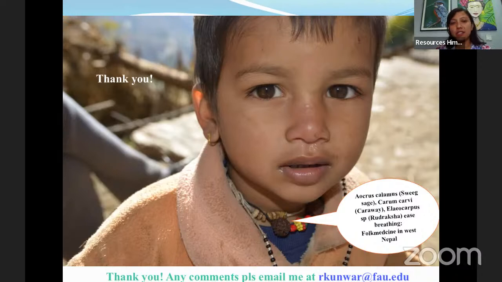And I can see the question from Rama Gimire: how can senior scientists motivate young researchers to do research in ethnobotany?